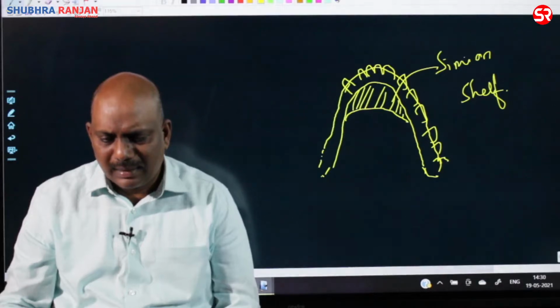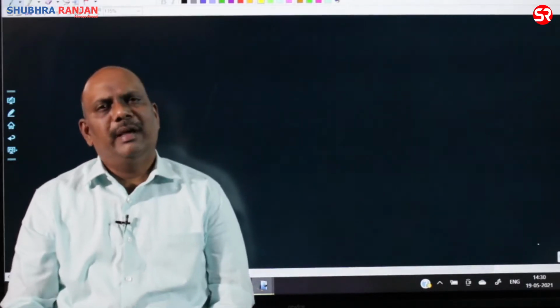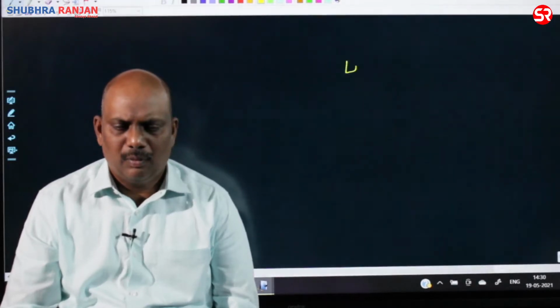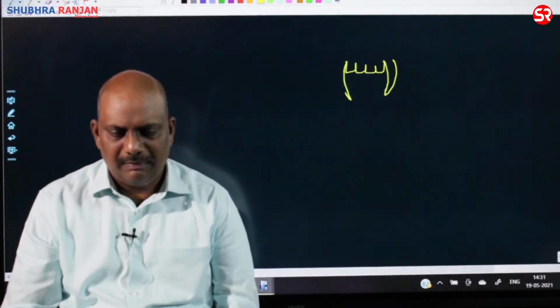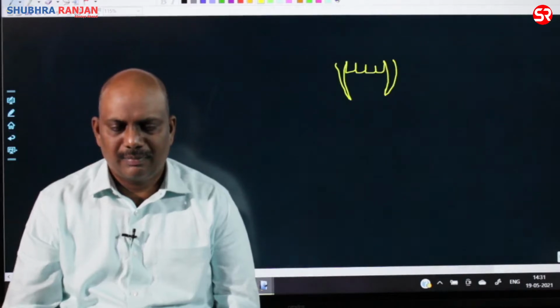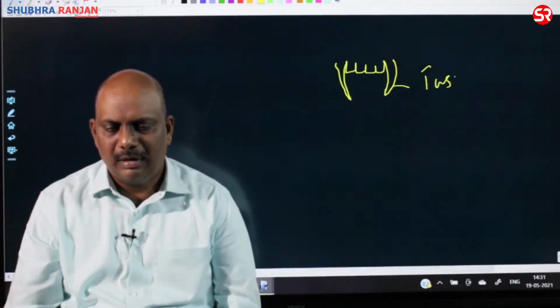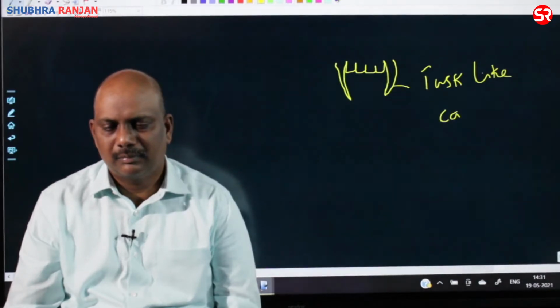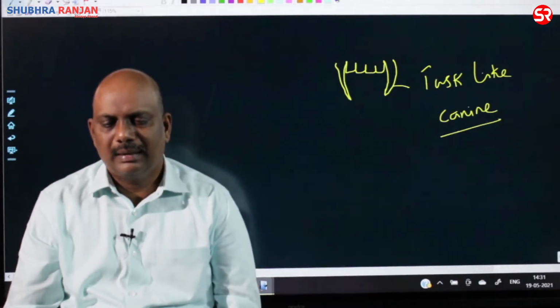Similarly, for primitive apes, canines used to be very large. 4 incisors, followed by that, canines will be very large. We call it tusk-like canine.